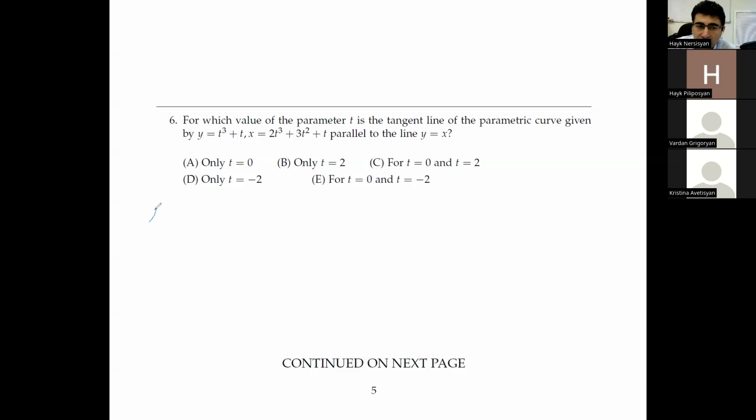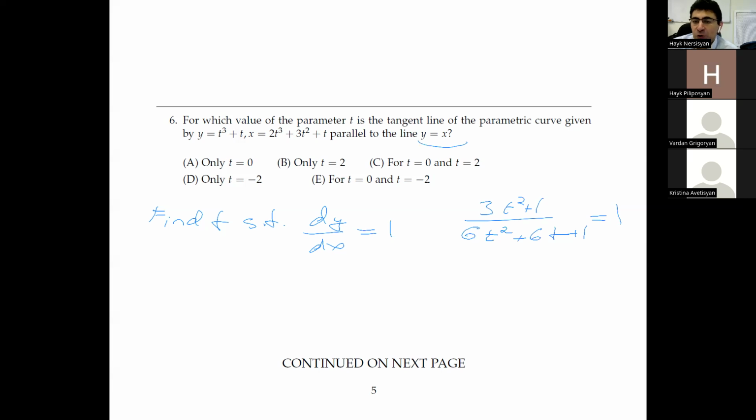Now our goal is to find t such that the slope of the tangent line, which is nothing else than dy over dx, equals the slope of this line, which is 1. So we should find t for which dy over dx equals 1. dy over dx is the derivative of y divided by the derivative of x. So (3t squared plus 1) divided by (6t squared plus 6t plus 1) equals 1.